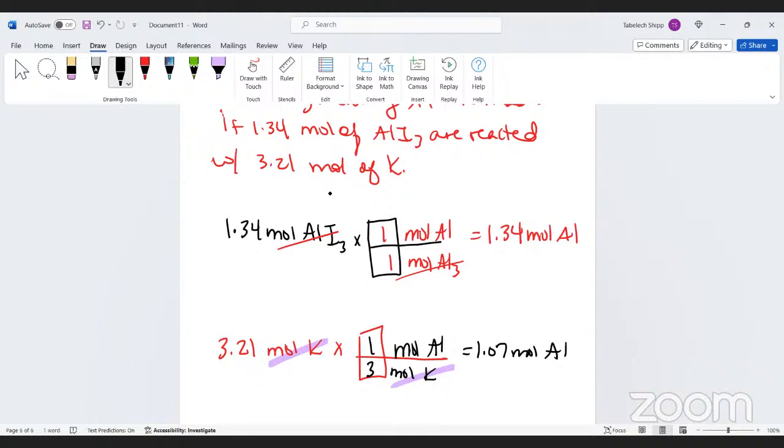So the numbers don't have to be used together? No, I think I tried 1.34 and it marked it wrong. Okay. Yeah, so if this is what they give you, how many moles of aluminum are made if 1.34 moles of aluminum iodide are reacted with 3.2 moles of potassium?